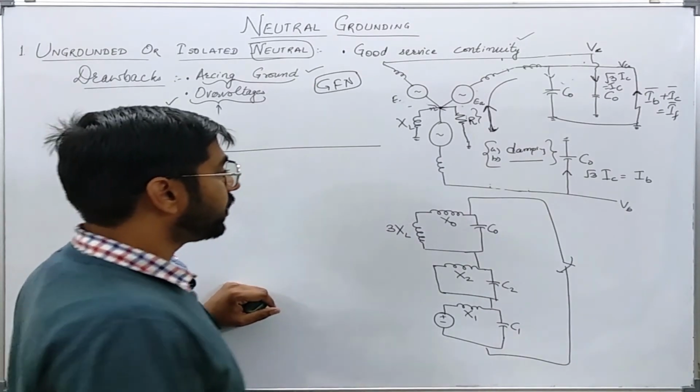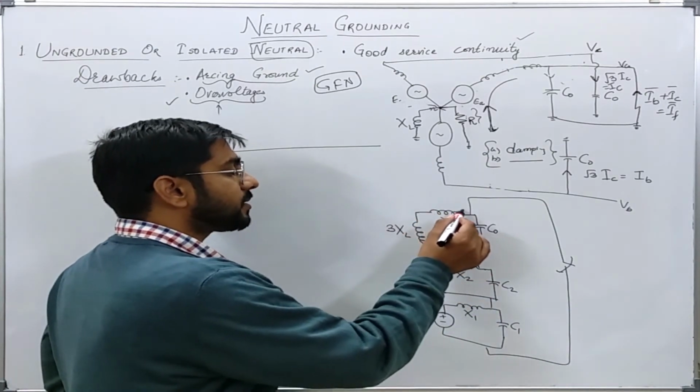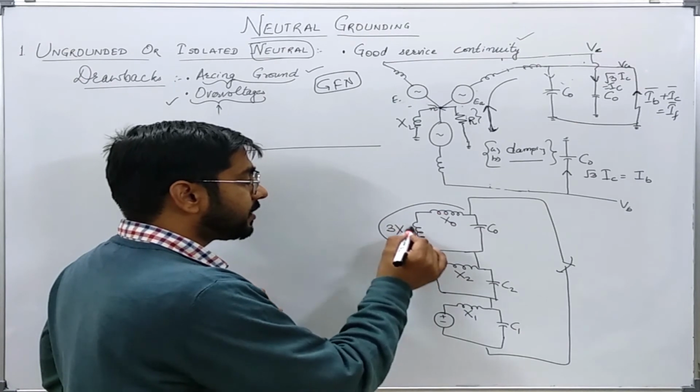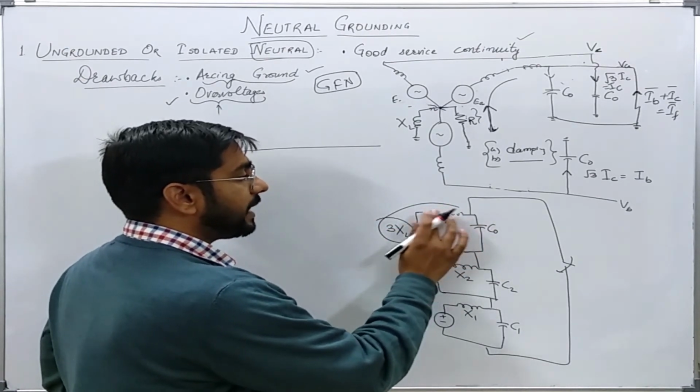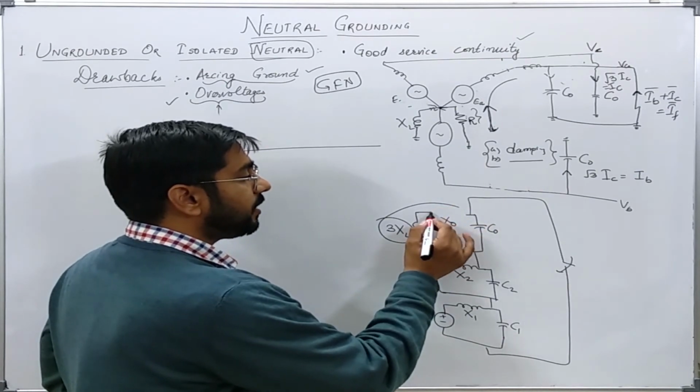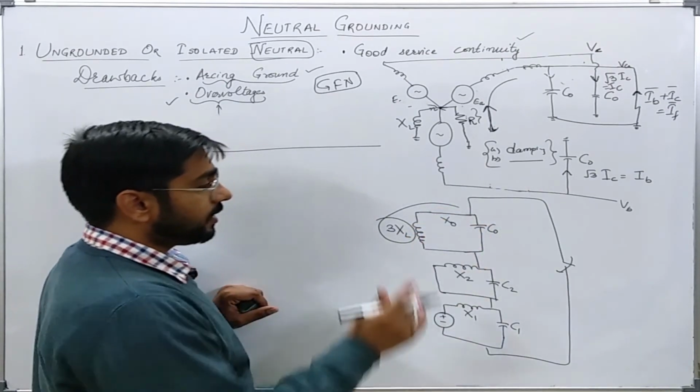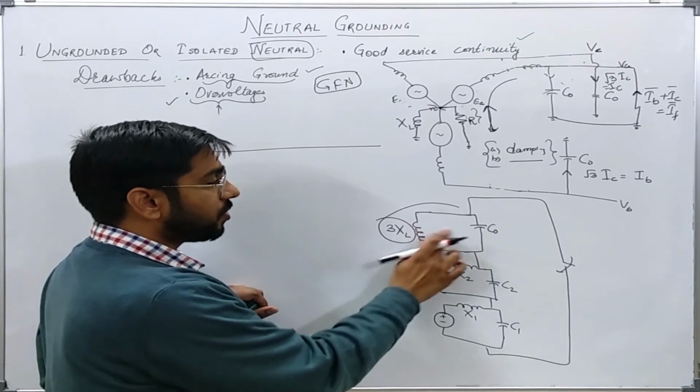Now let us assume that X naught is catered for in this XL. We are designing the Peterson coil such that we are catering for X naught.